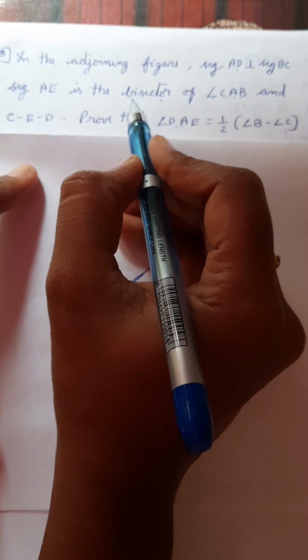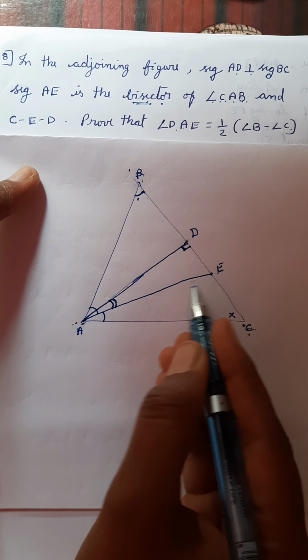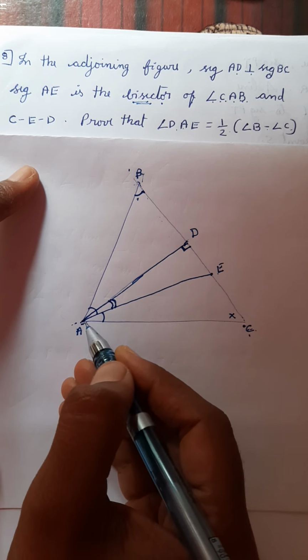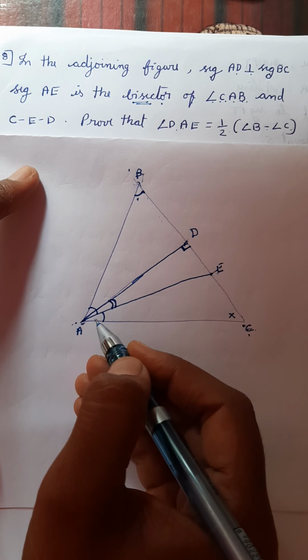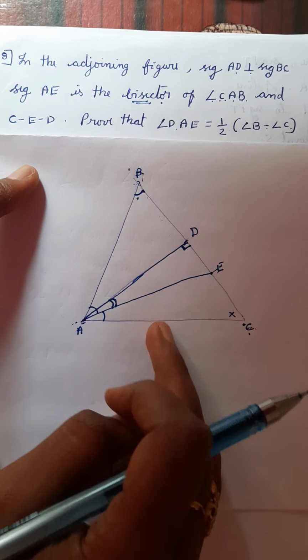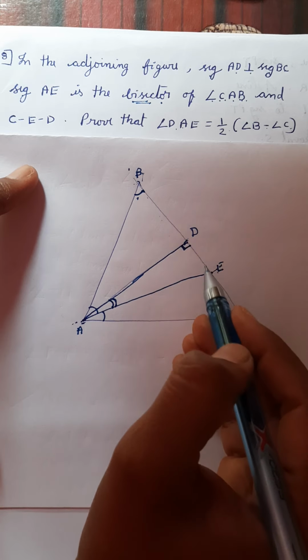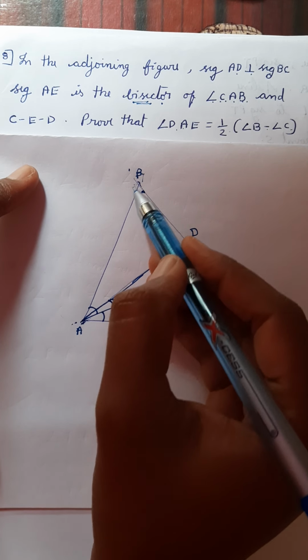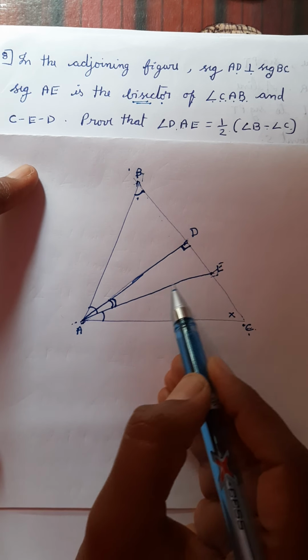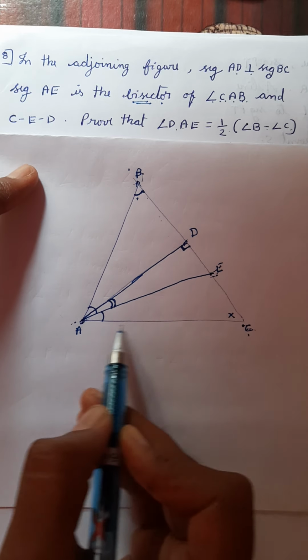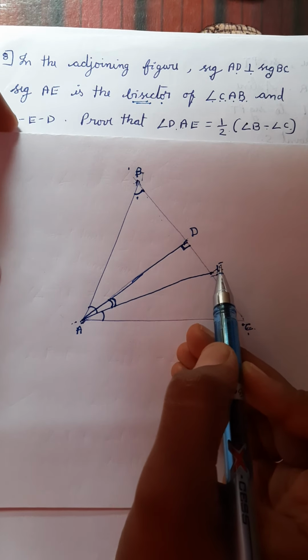So from where we will start? We will start from the bisector of CAB. AE is the bisector, so AE is cutting angle CAB into two parts. Which two parts? This is the bisector. So we will take BAE is congruent to CAE, right?